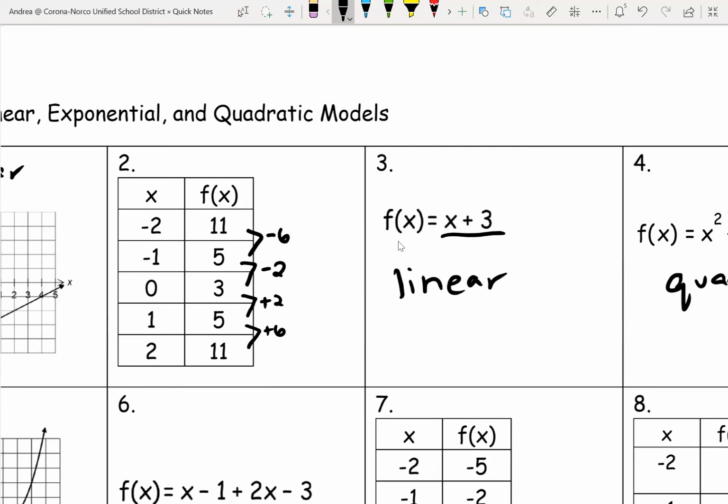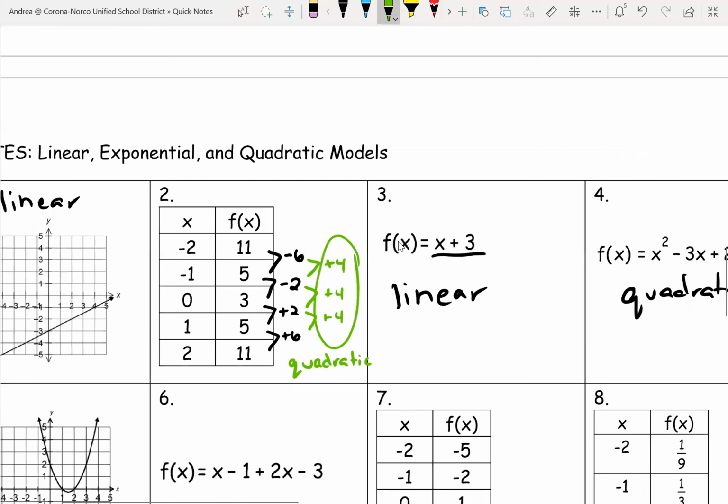Okay, our second difference then, from -6 to -2 means I added 4. From -2 to +2, I added 4 again. From 2 to 4, I added 4. The second difference is all the same, so this is quadratic. Any questions over that?